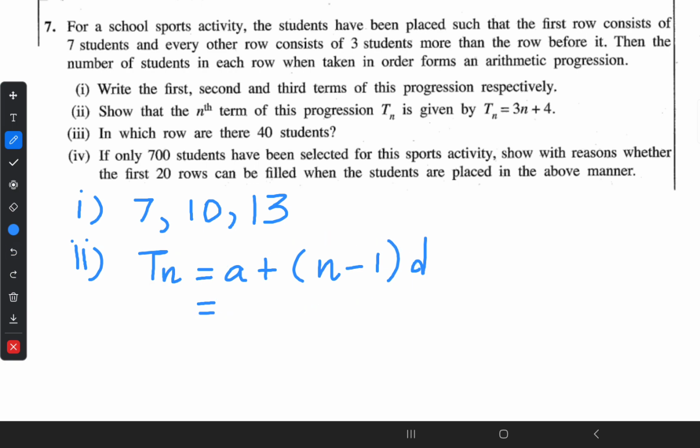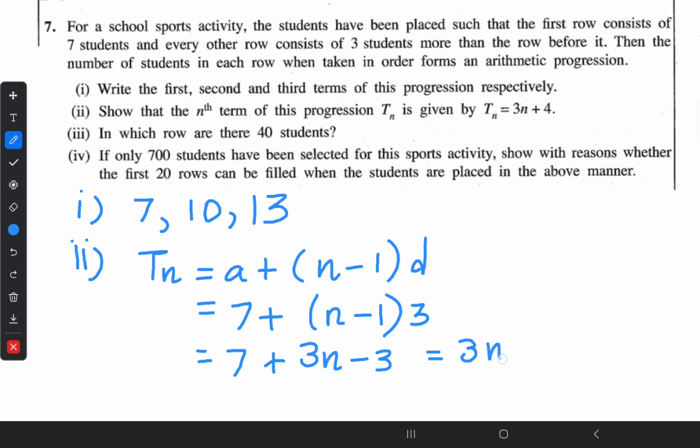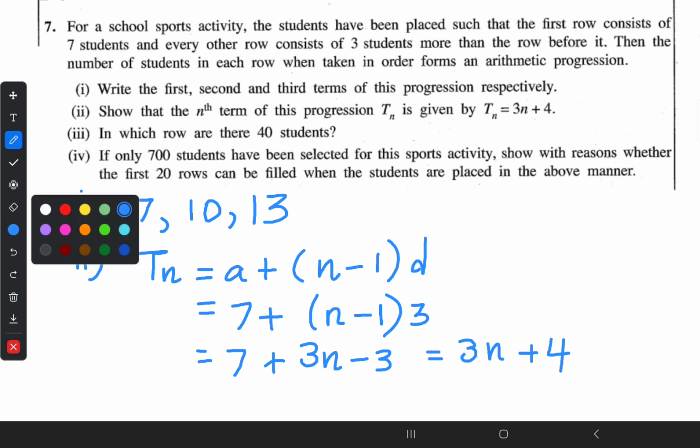A is 7, the first term, plus n minus 1, times the common difference of this arithmetic progression, which is 10 minus 7, that is 3. Then let's expand: 7 plus 3n minus 3. We give priority to 3n, then 7 minus 3, that's 4. So 3n plus 4. That is the expression for Tn.